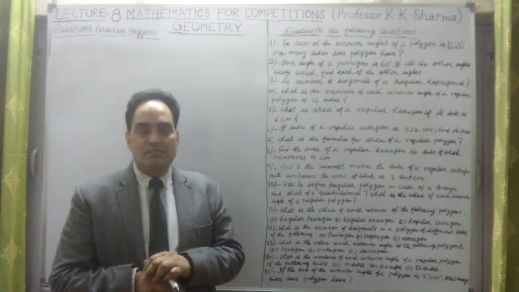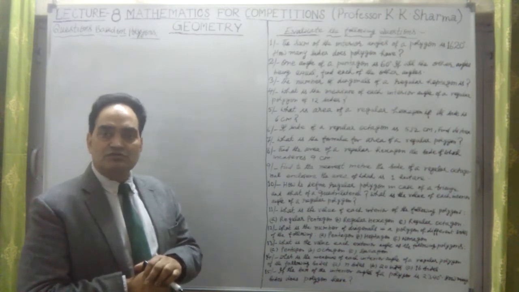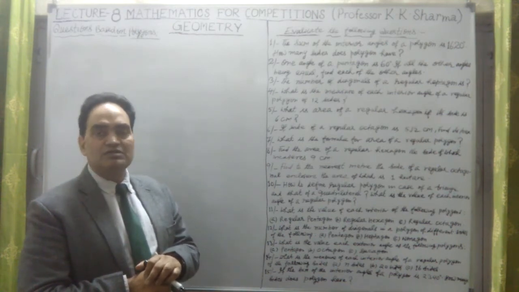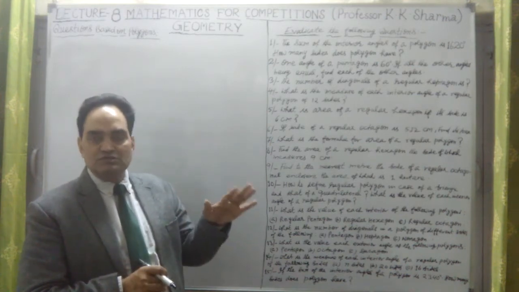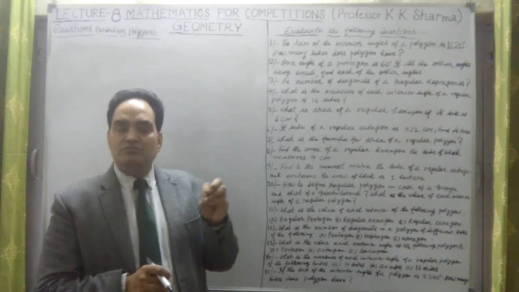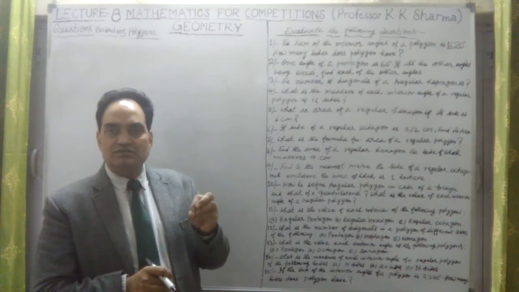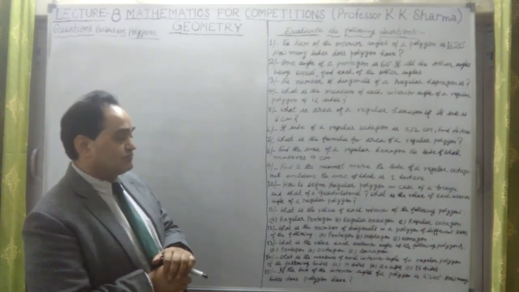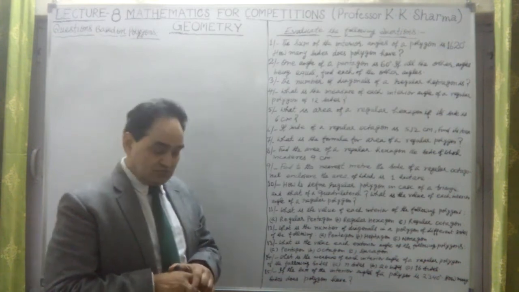So a regular polygon means when sides are equal and angles are equal, that polygon is known as a regular polygon. An equilateral triangle is an example for three-sided figures, and a square is an example of four-sided figures, or quadrilaterals. That is how we can define them.